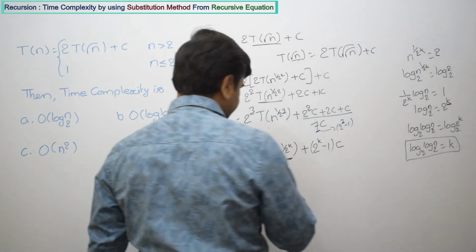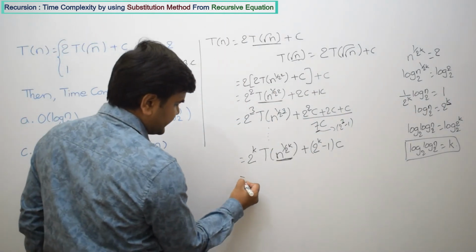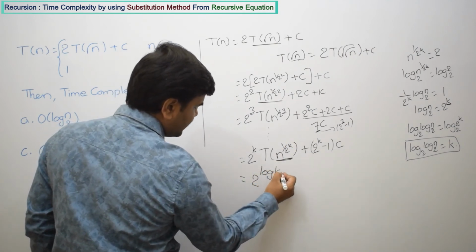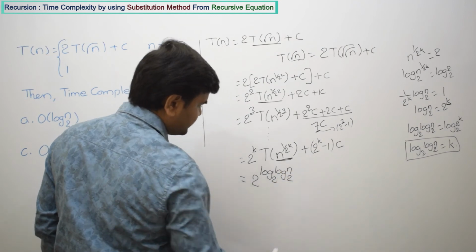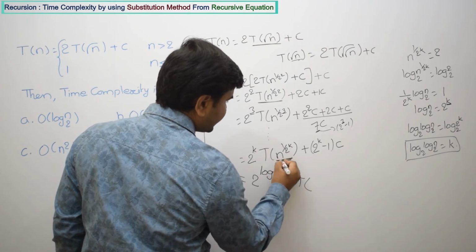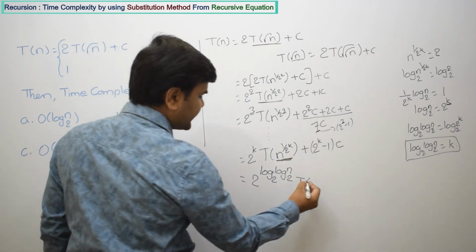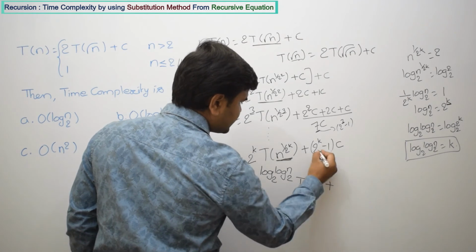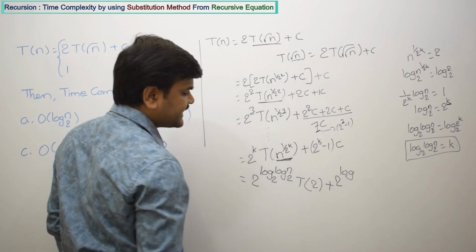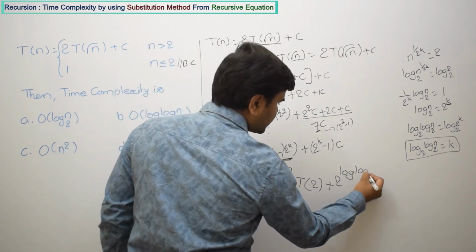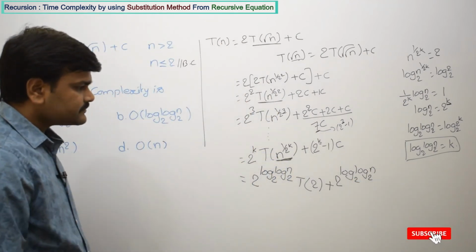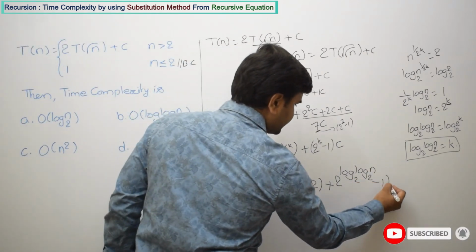So this k we are going to substitute in the original equation. Here we have 2 power log n base 2, then T of this whole thing, which is equal to 2, so T(2), plus again 2 power, with k equivalent to log n base 2, minus 1, into c.